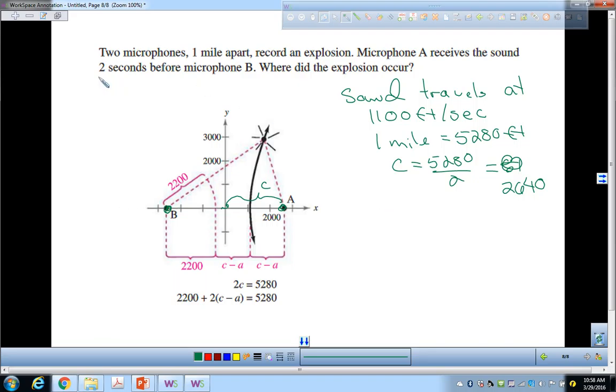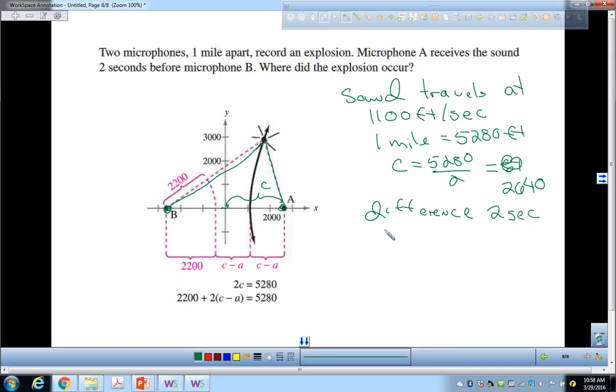And since it takes the difference that it takes to travel from here to here minus here to here, how long does it take for them in between? It takes 2 seconds, okay?